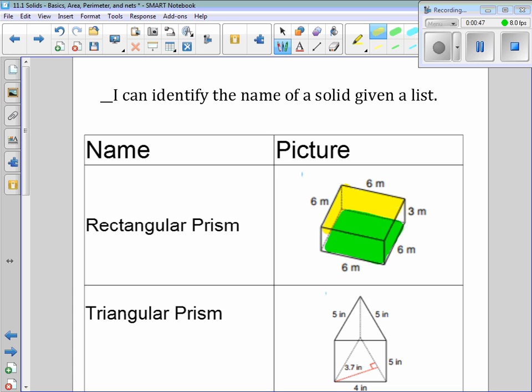And so because those two are rectangular and parallel to each other, we're going to call it a rectangular prism. Notice that those two, the top and the bottom, are connected by other rectangles. Okay, but the fact that the sides are rectangles is why it's called a prism. The reason it's called a rectangular prism is because the top and the bottom are rectangles.